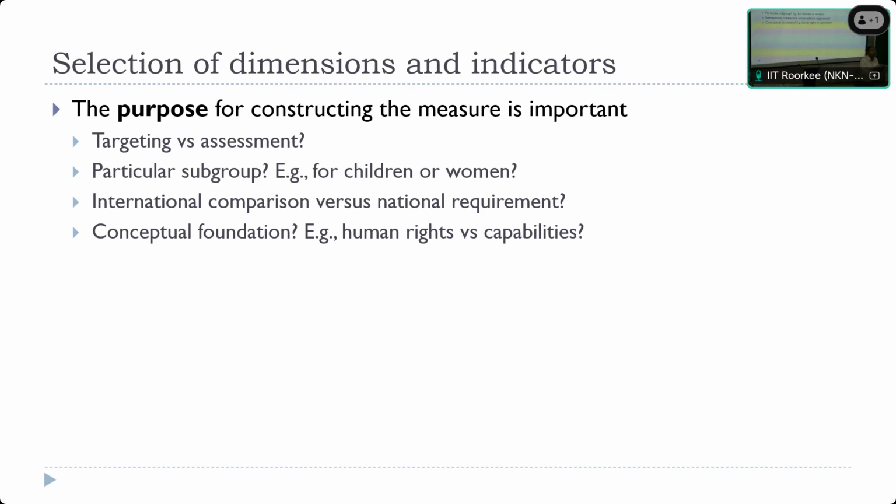So have at least 2 or 3 indicators. If you have just one indicator, you may be deprived, but you may have chosen to be like that. If it is not confirmed by any other indicators, there is no need to identify. But if your deprivation in health is confirmed by 2 other indicators, that means it's probably overlapping, probably it has some truth behind it, because you are deprived in the other 2 as well. So that's why for multidimensional measures, typically the union approach is avoided.